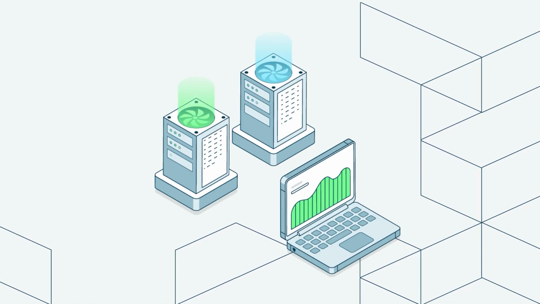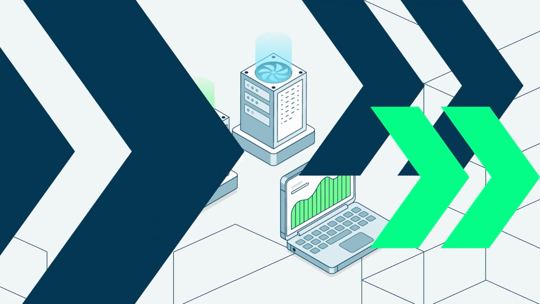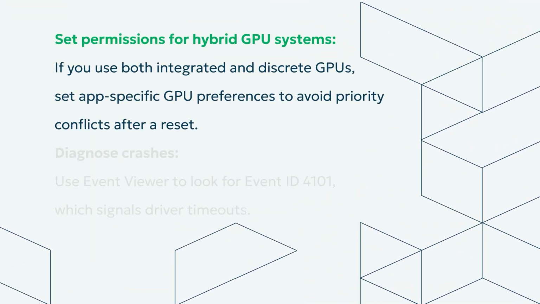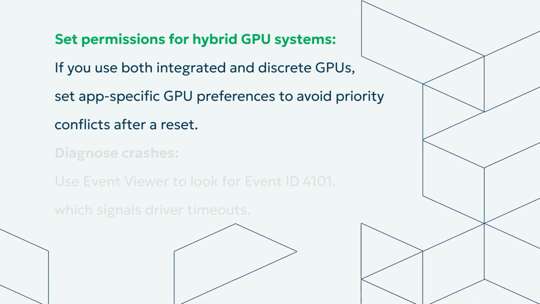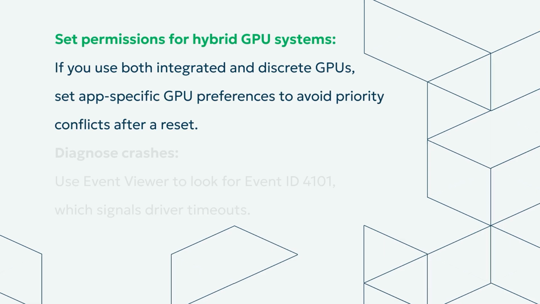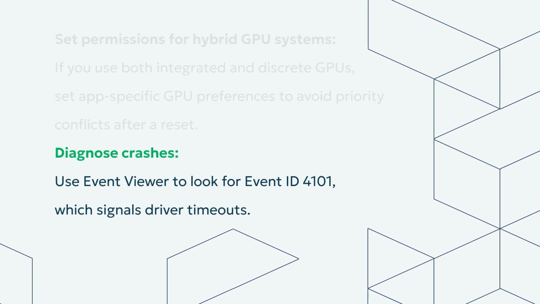Restarting the driver solves most glitches, but here are tips for persistent issues. Set permissions for hybrid GPU systems. If you use both integrated and discrete GPUs, set app-specific GPU preferences to avoid priority conflicts after a reset. Diagnose crashes.